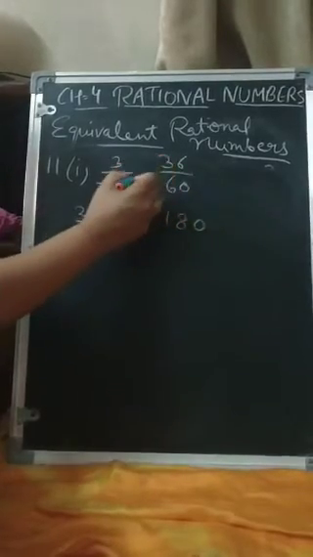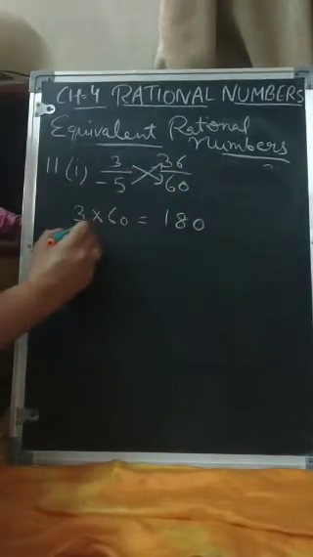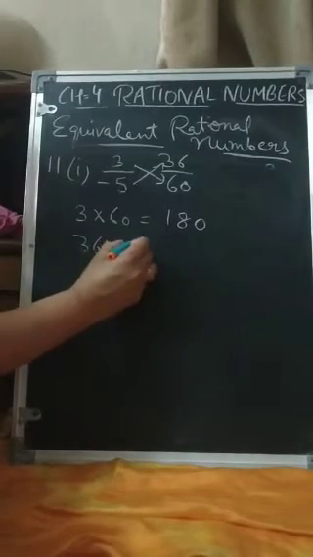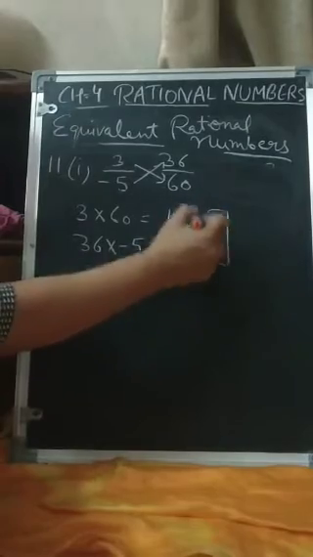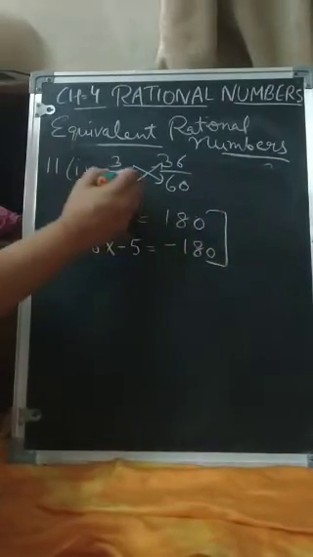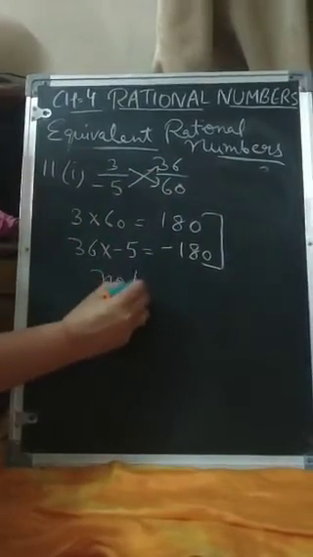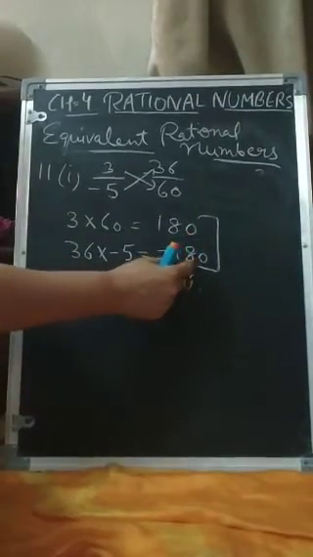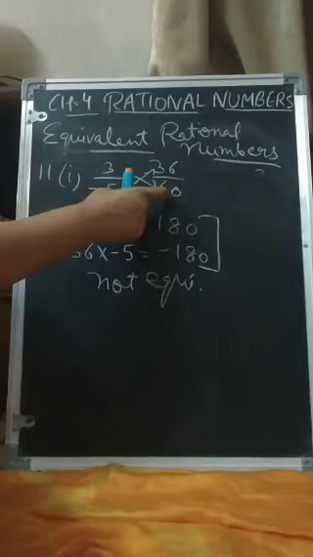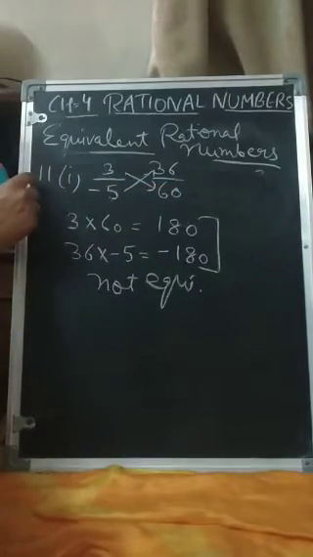And we will multiply the other two numbers: 36 with minus 5 will come minus 180. You can see these both numbers are not equal, that's why these fractions are not equivalent. If we get the same numbers, then we can say the pairs are equivalent. Like this you can do this question.